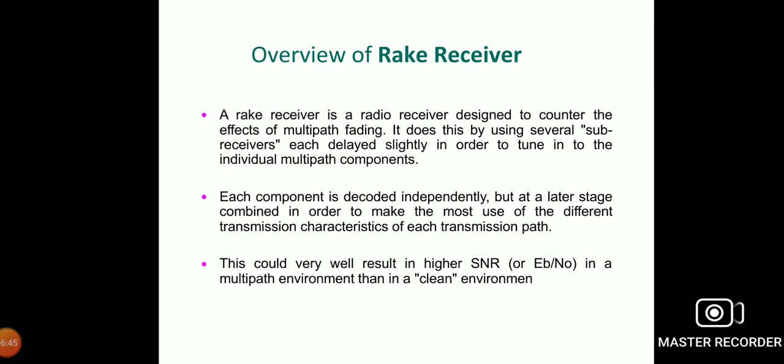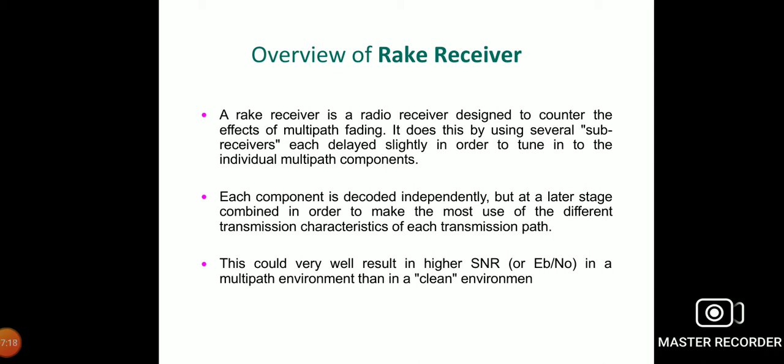It does this by using several sub-receivers, each delayed slightly in order to tune into the individual multipath components. Each component is decoded independently, but at a later stage they are combined in order to make the most use of the different transmission characteristics of each transmission path. This results in a higher signal to noise ratio in a multipath environment than in a clean environment.